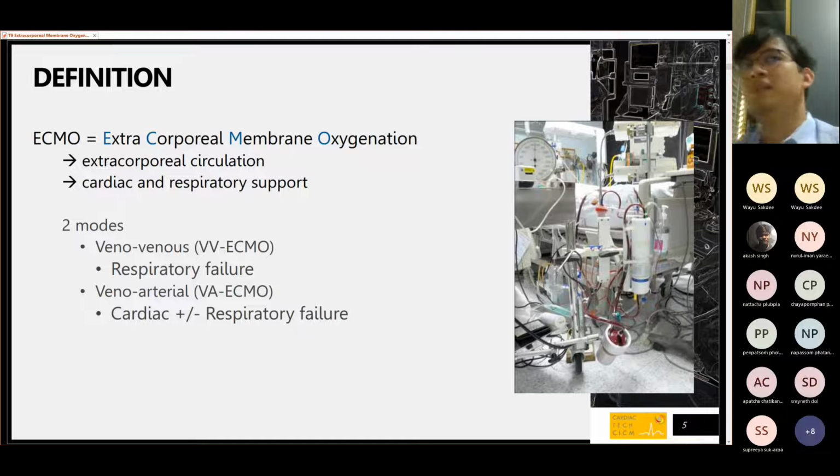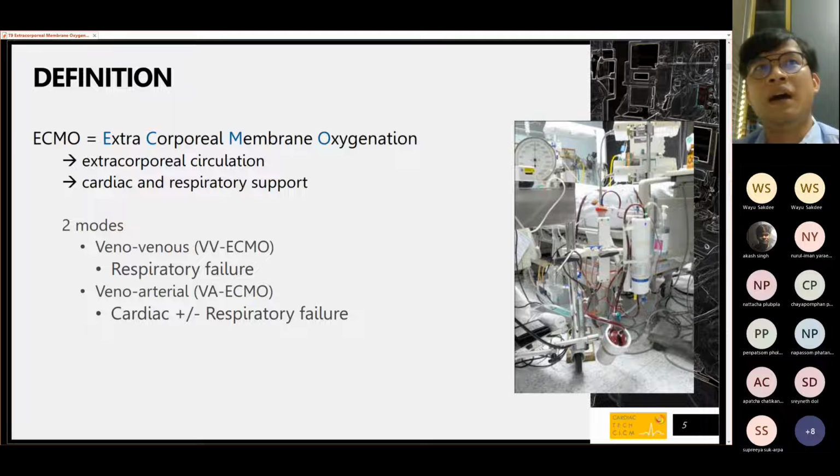Membrane oxygenation means you have an artificial membrane used to exchange gas. So this helps people who suffer from cardiac and respiratory issues.